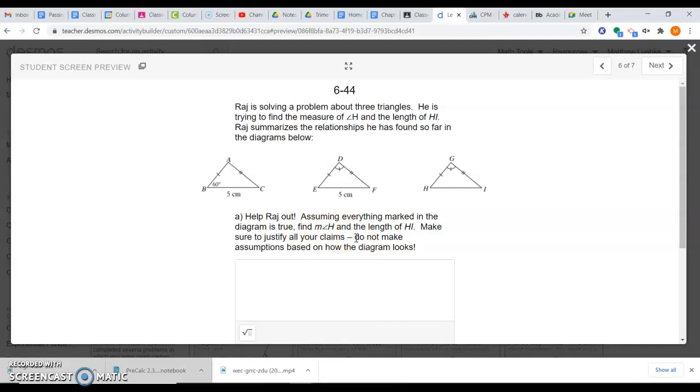Okay, so what I'm going to do is try to make a chain that goes from one triangle to the next and then from this triangle to the last one. I can say triangle ABC is congruent to triangle DEF because they have side, side, side congruency. See, 1 tick mark, 1 tick mark, 2 tick marks, 2 tick marks, and a 5 and a 5.